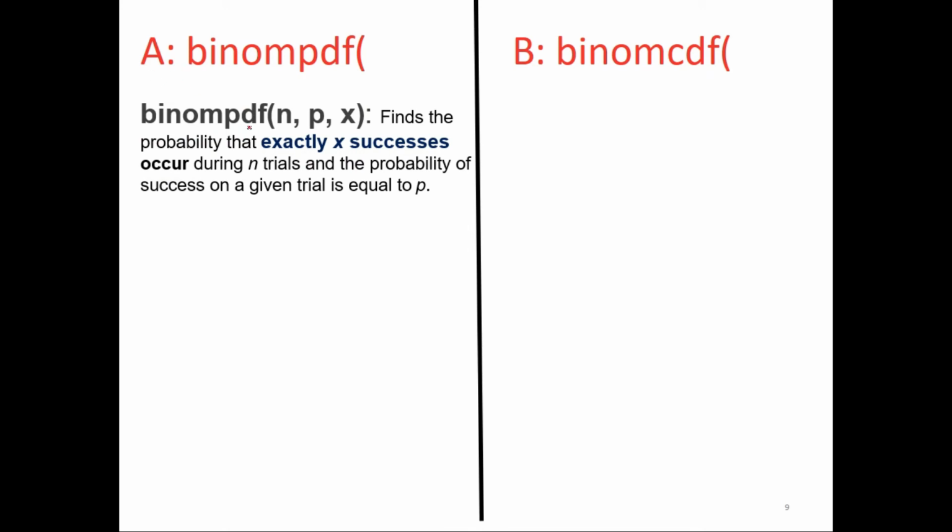Option A, binomial PDF, finds the probability that exactly x successes occur during n trials, with the probability of success equal to p.